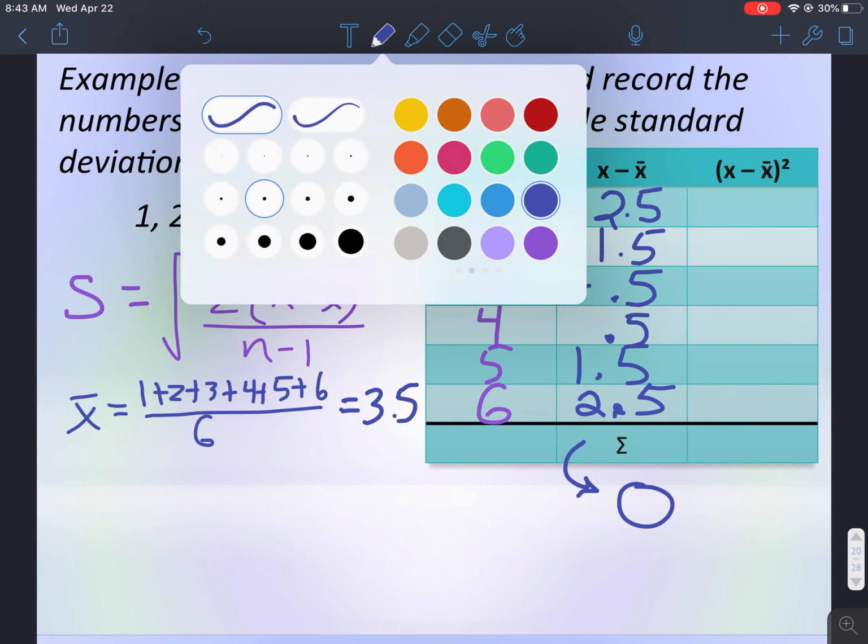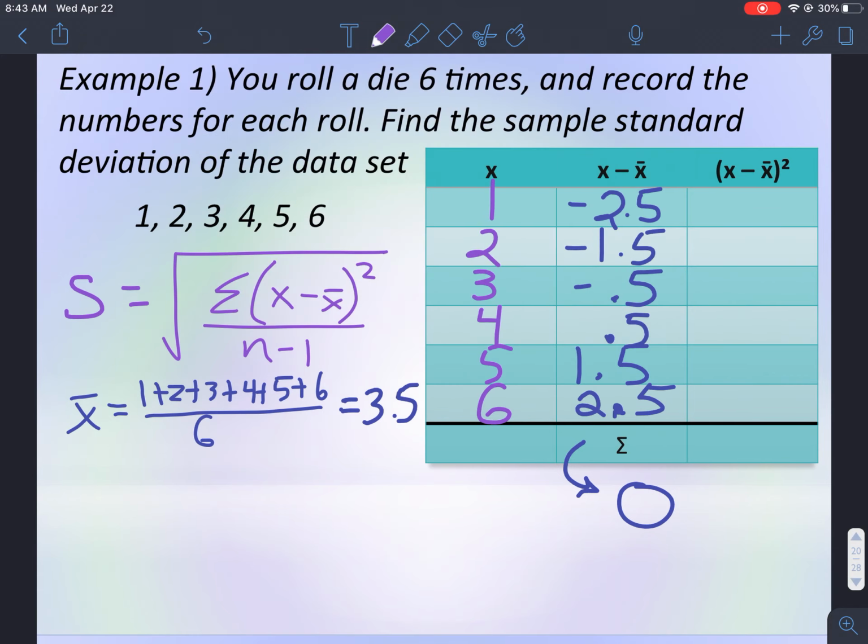So instead, we're going to square each of those numbers. Negative 2.5 squared is positive 6.25. Negative 1.5 squared is positive 2.25. And so on.